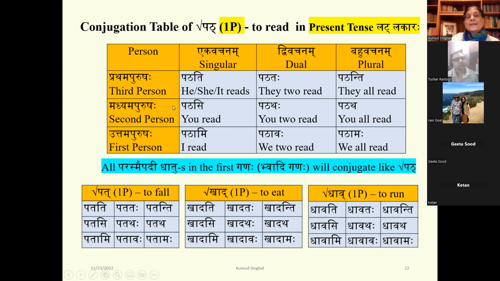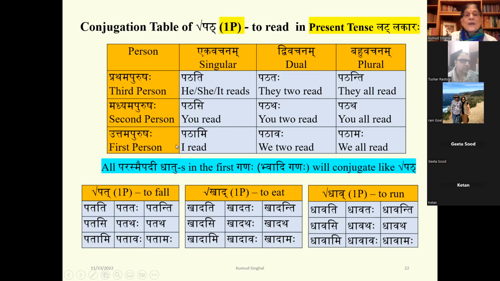The good news is that all parasmai dhatus in the first gana will conjugate like the dhatu patha. And there are approximately, I think, 600 parasmai dhatus. I don't remember the exact number in the first gana. So if you know the conjugation of patha, you know the verb forms of all those 600 or 500 verbs.